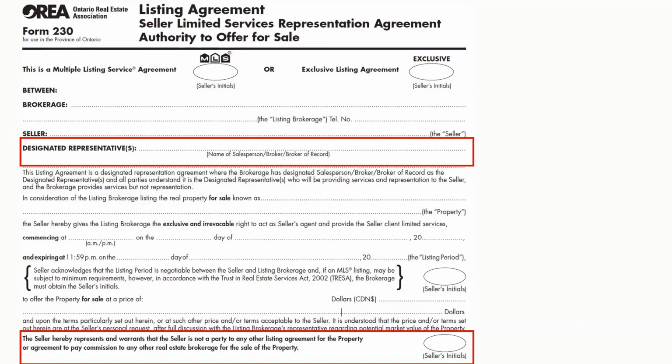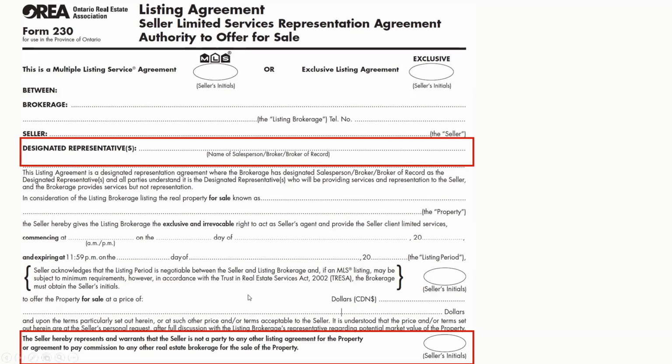I've already dove into the listing agreement, the seller limited services representation agreement. Again, designated representation. Michael Baumler will put his name there, and he will be the designated representative of that individual client.